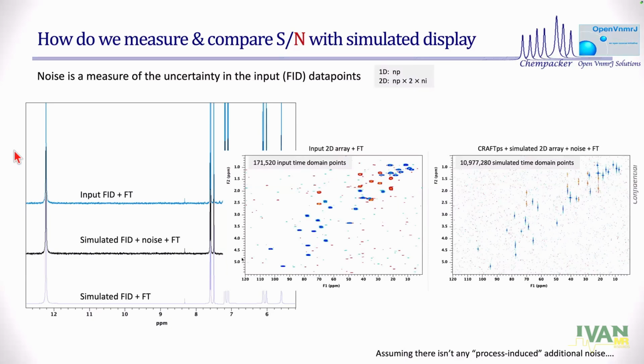I can measure the entire thing, the whole spectrum. I can measure what my noise floor is. I can go back to the simulated pure shift data, which is 10 million data points, and randomly change the amplitude of each one of those 10 million data points so that the RMS will be exactly the same as the RMS that was in the input FID.